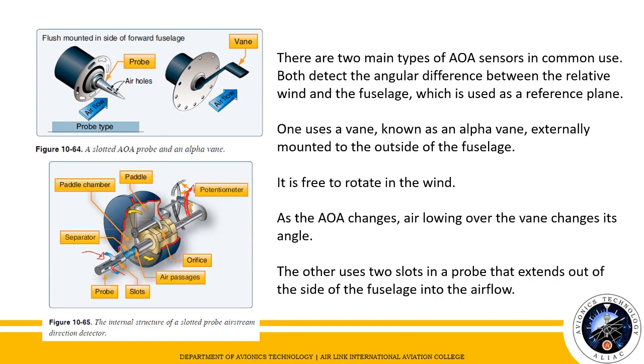So to incorporate a warning of impending stall, yung mga AOA system signals a stick shaker motor that literally shakes the control column to warn the pilot the aircraft is approaching a stall condition. So ulitin natin, yung stick or yung kinakapitan mismo ng piloto, nagsishake yun kung malapit na siya mag-stall.